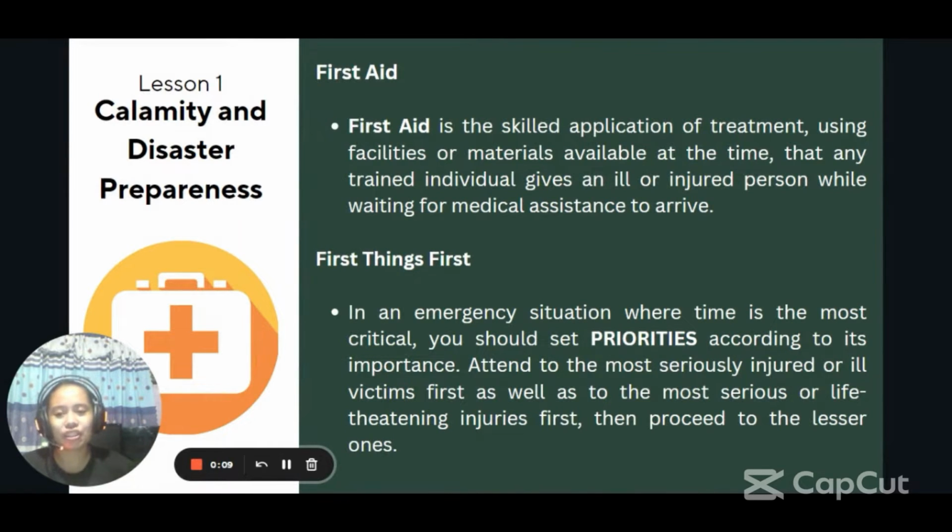So, what is first aid? First aid is a skilled application of treatment using facilities or materials available at the time that any trained individual gives an ill or injured person while waiting for medical assistance to arrive.